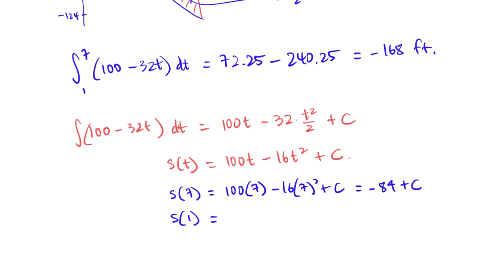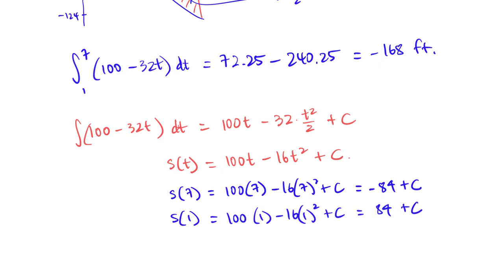We will take care of this c later. S of 7 is the position of the object 7 seconds after. S of 1 is 100 times 1 minus 16 times 1 squared plus c. This is positive 84 plus c.